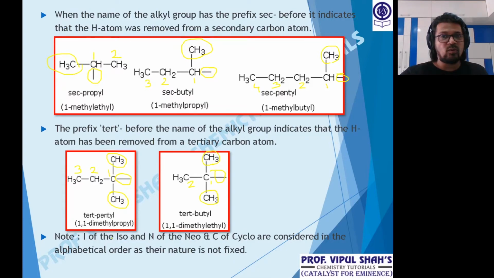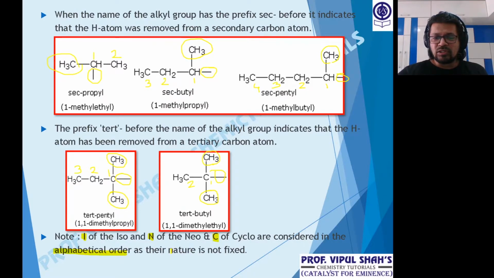And now last, with respect to the alphabetical part. Now alkyl groups, I have told you I of the iso, N of the neo. But now if you have a closed chain, then C of the cyclo also. So everybody please concentrate on this part now. I of the iso, N of the neo, and C of the cyclo if it is a closed chain, are considered in the alphabetical order. Now why are they considered?